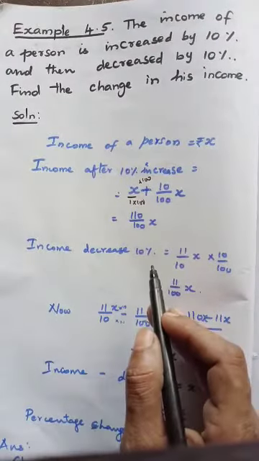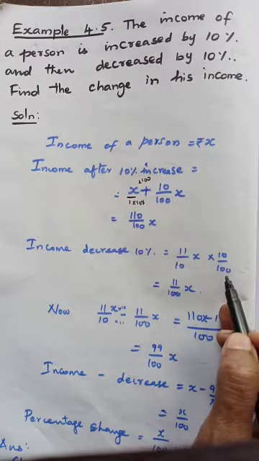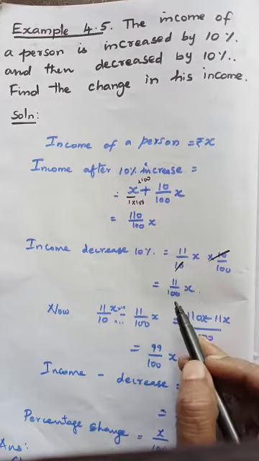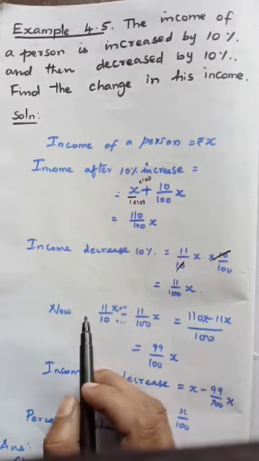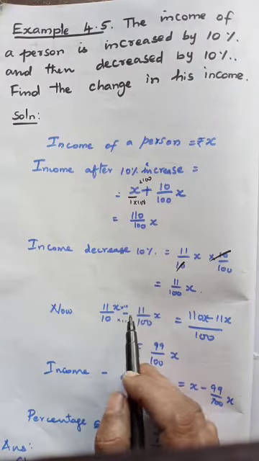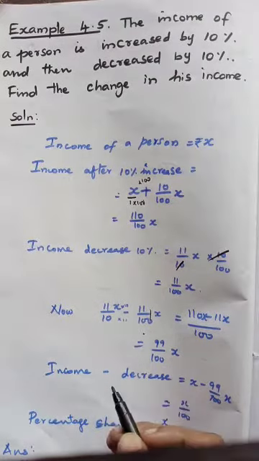Income decrease 10% is equal to 11 by 10 into 10 by 100. Now you cancel 10 and 10. Then 11 by 100x. So now 11 by 10x minus 11 by 100x.